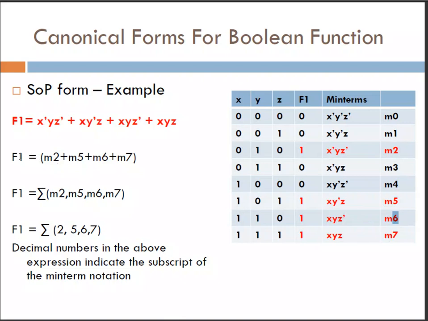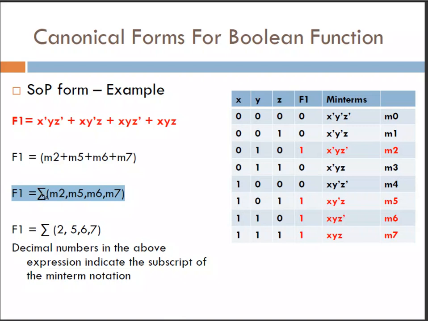Simply, we can write our function this way: f(x, y, z), a function of x, y, z, represented in this canonical form as min 2, min 5, min 6, min 7, meaning the first, second, third and fourth terms.